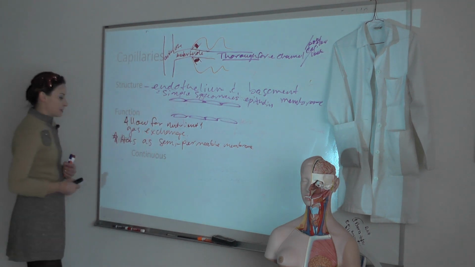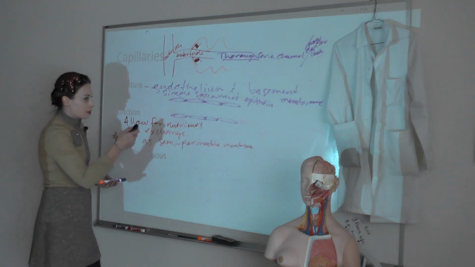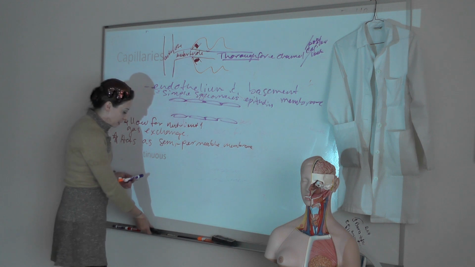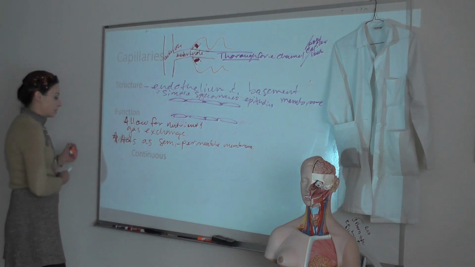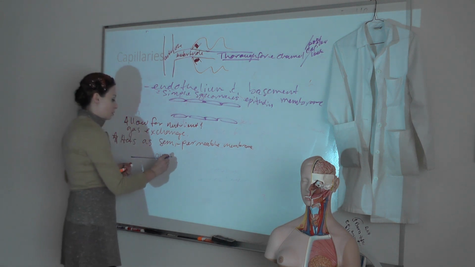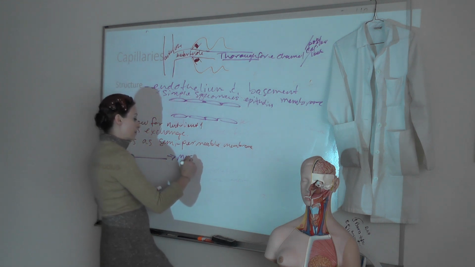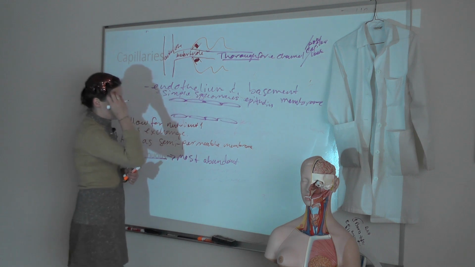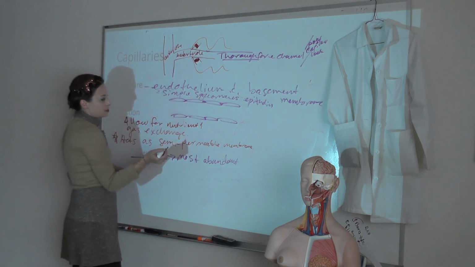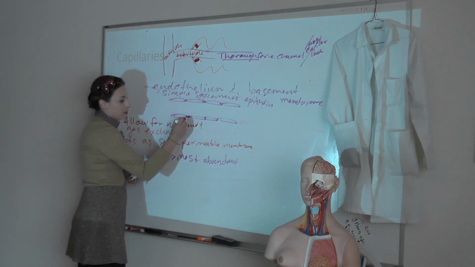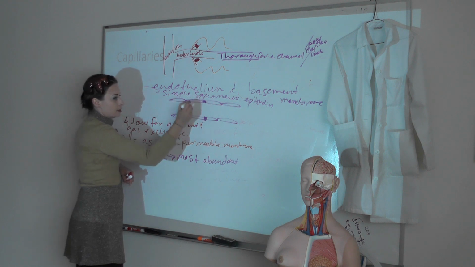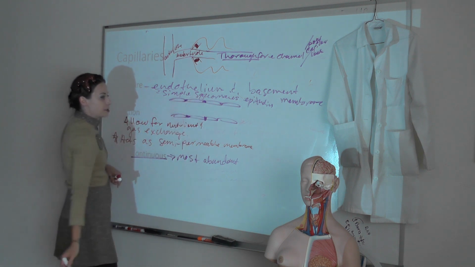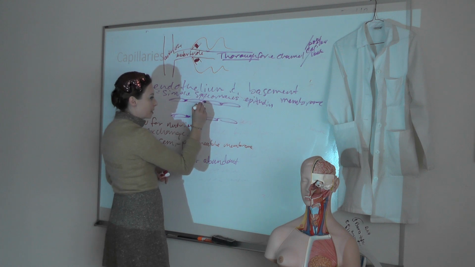Okay, so what types of capillaries do we have? This one that I've drawn here is a continuous capillary. Continuous capillaries are the most abundant. We find them all over the body, serving all the tissues. In places where you need the blood-brain barrier or the blood-testes barrier, the endothelial cells are joined by tight junctions in continuous capillaries.